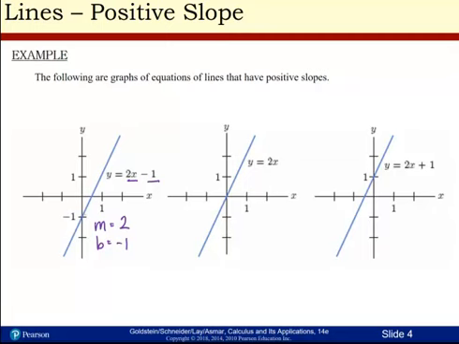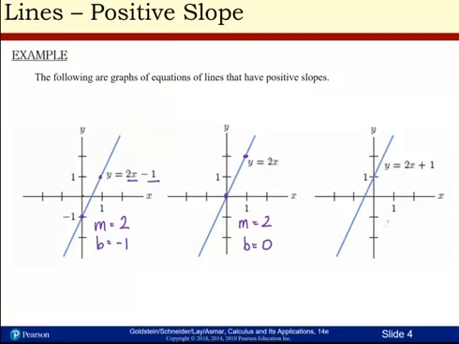You can notice if I were to graph this, I'd draw a point on the y-axis at negative 1, and I would go up 2, over 1. And that's my slope. On this one, my slope is once again 2, and my y-intercept in this case is 0. So I draw a point here at 0, and I would go up 2, run 1, and there is my line.